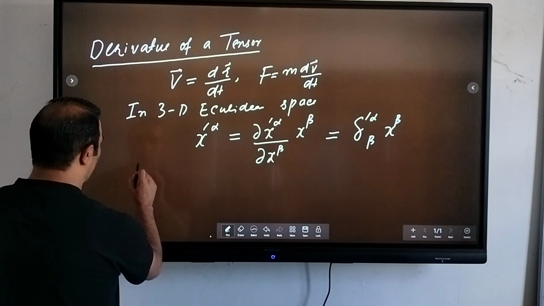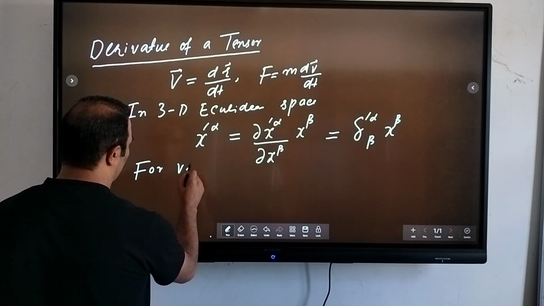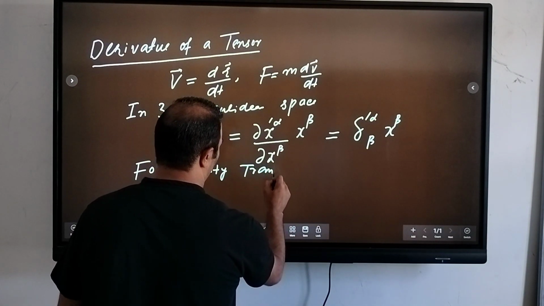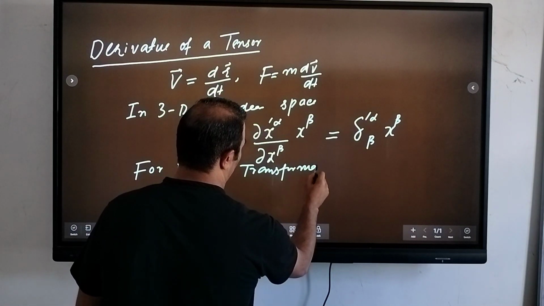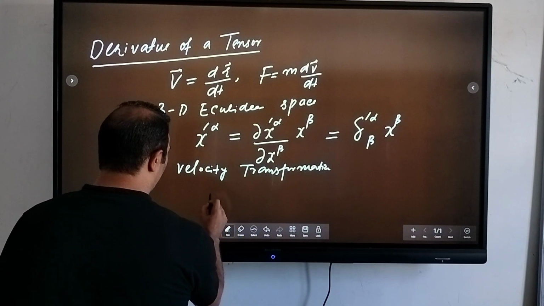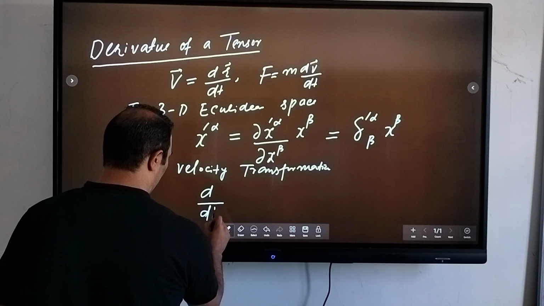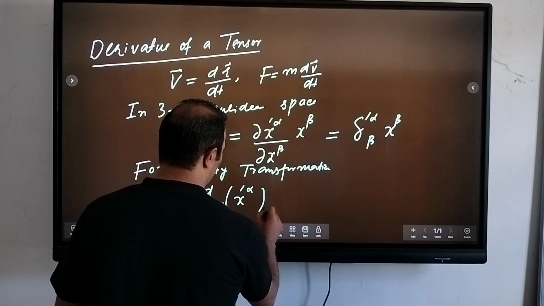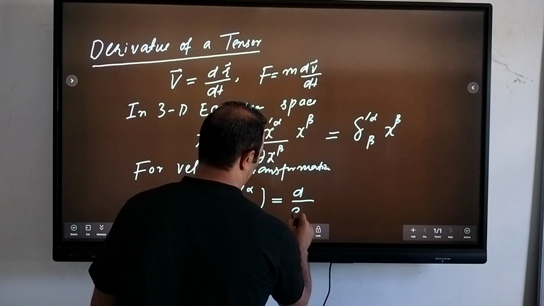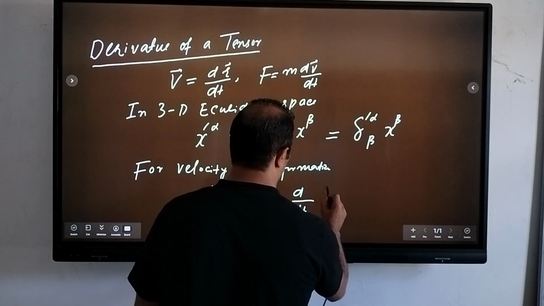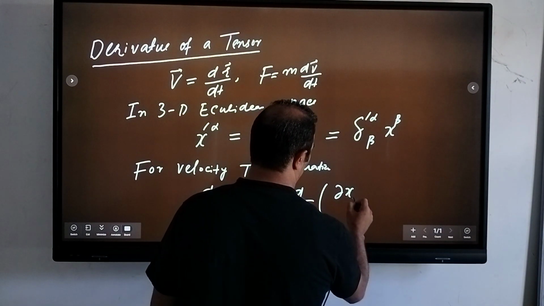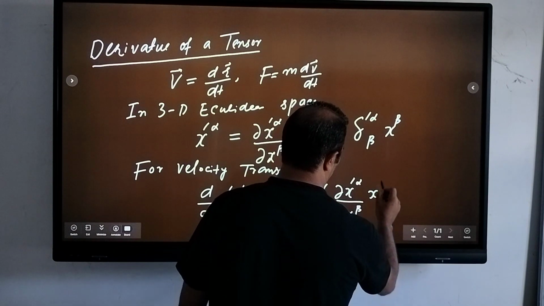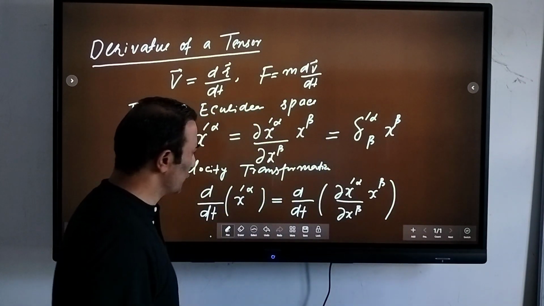So for velocity transformation, we can write that, okay, so that will be equal to, okay, this is very clear.